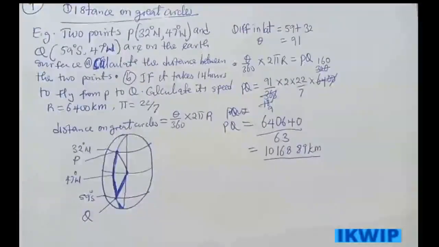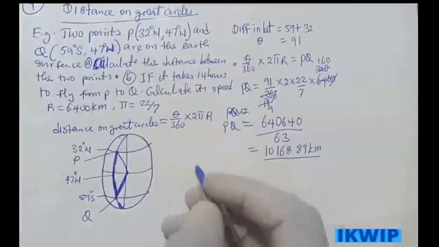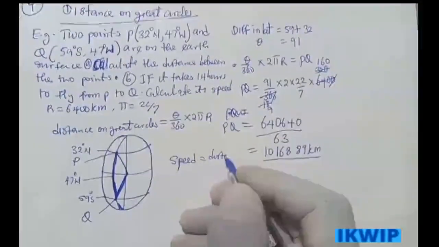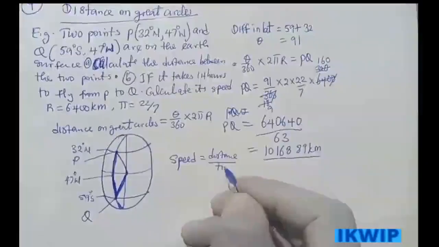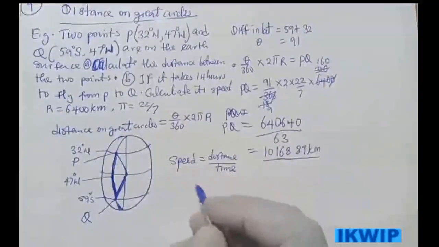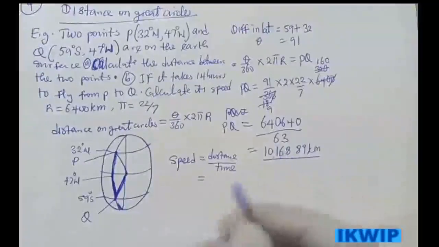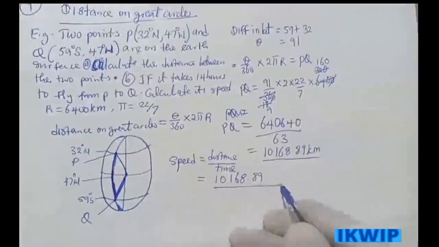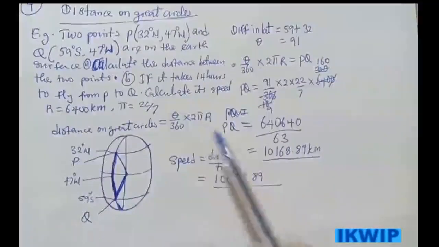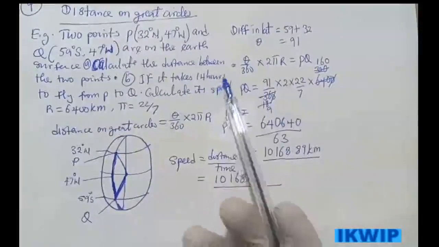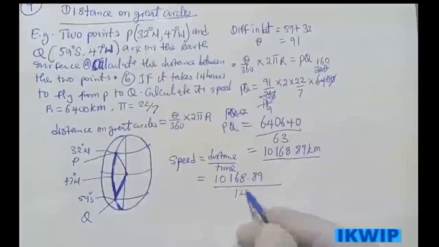Now the second question is calculate its speed. Speed, as you know, is distance over time. That is more like physics. So the distance here is the whole of this, 10168.89, over, remember they gave us the time here, the time is 14 hours, over 14.